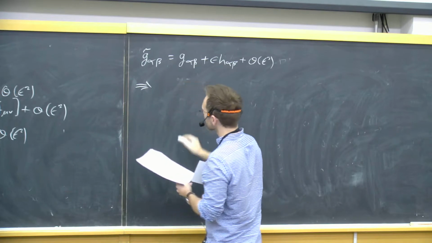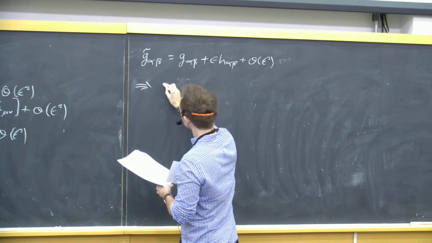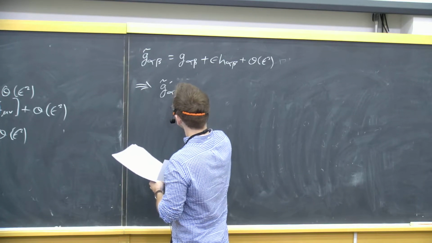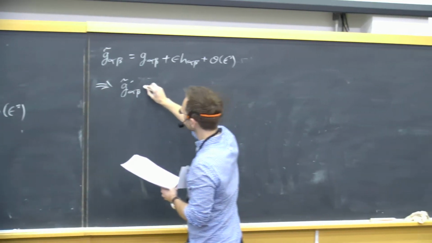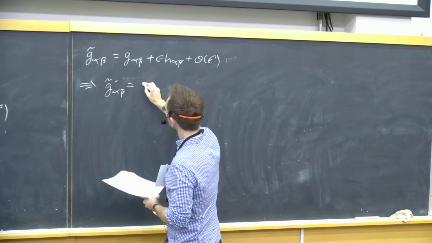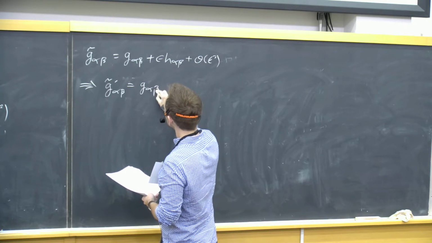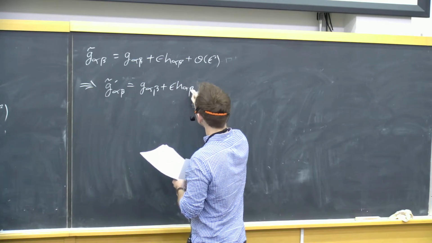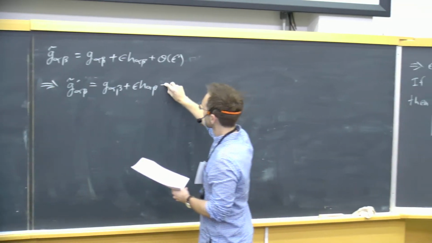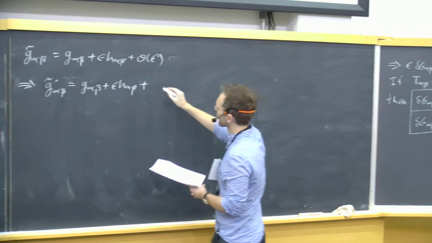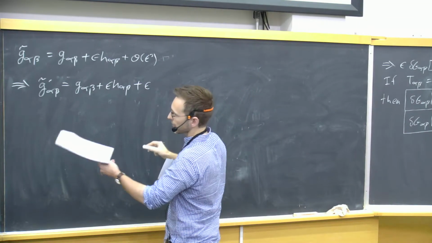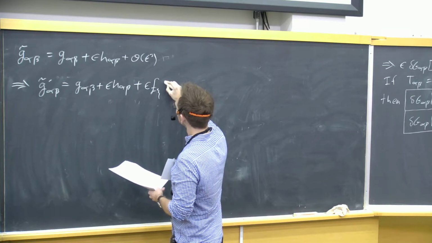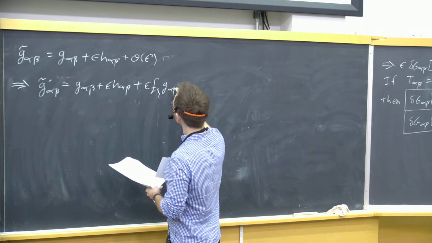So now we get that g tilde in the new coordinates was just g tilde, which is now the background plus perturbation, plus the second term, which is the Lie derivative of the background.